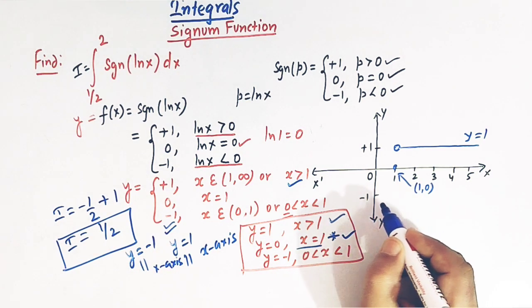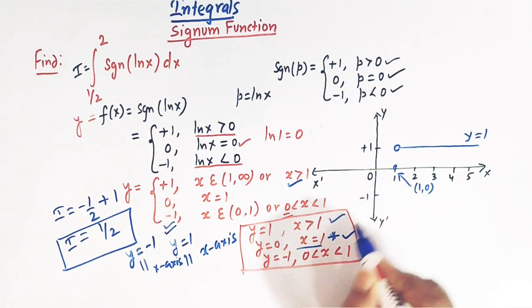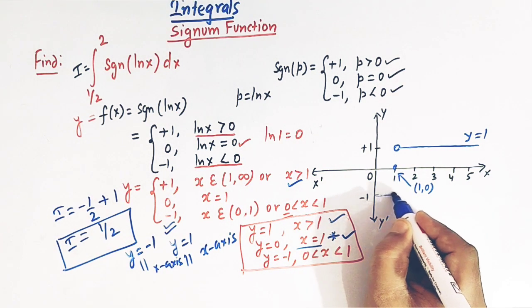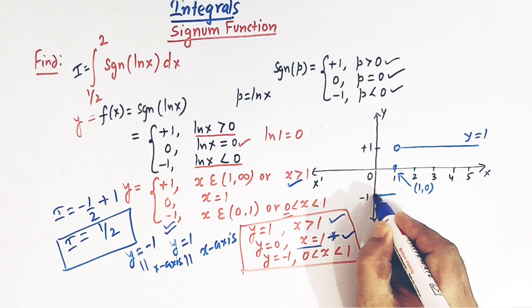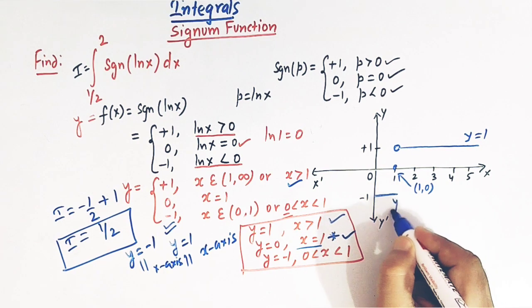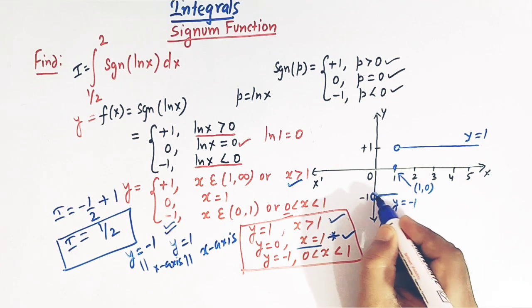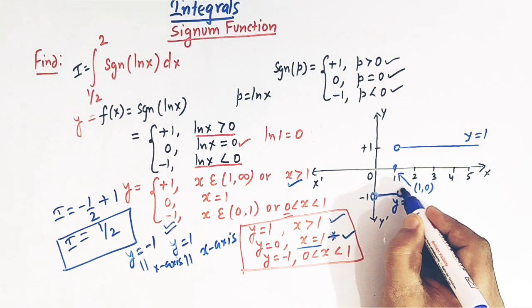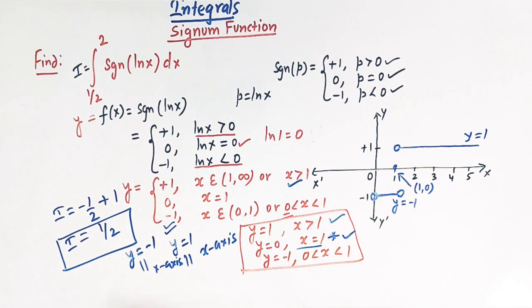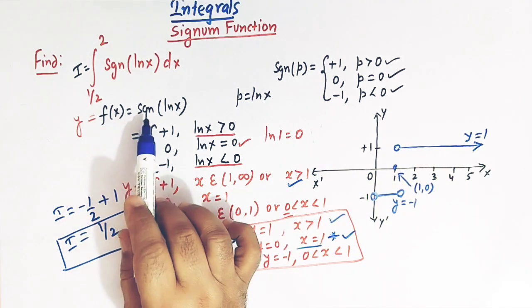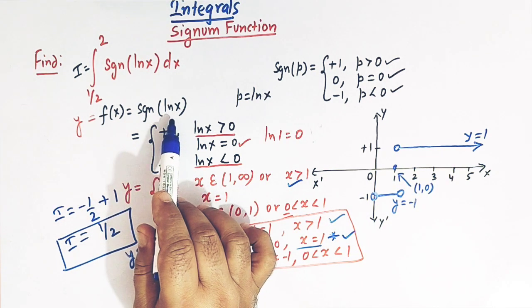So here we can draw the line y is equal to -1 like this. So this is the line y is equal to -1, and here we'll write an open circle. Here also we'll write an open circle, right? So this is the graph of signum of log of x.